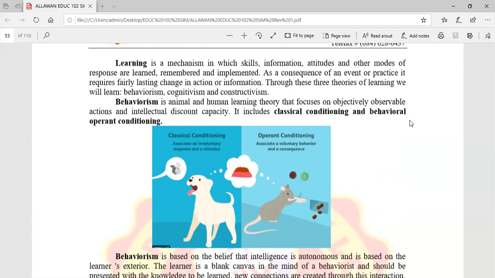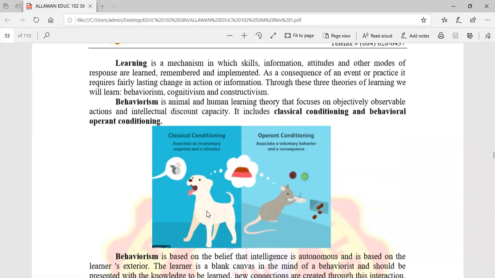Behaviorism is an animal and human learning theory that focuses on objectively observable actions and intellectual capacity. It includes classical conditioning and behavioral operant conditioning. Classical conditioning, as you can see from the picture, associates an involuntary response and its stimulus.